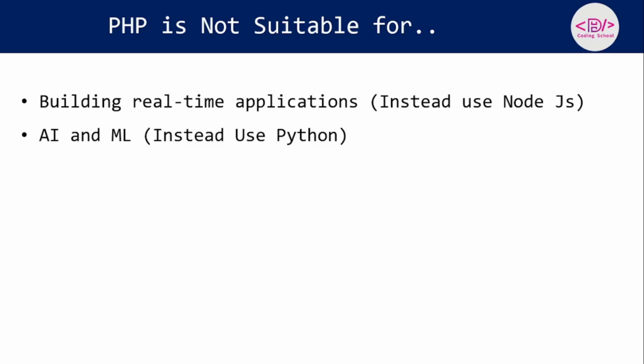If you are going to do an application that involves artificial intelligence and machine learning, instead of using PHP, you would consider something like Python. Okay, so I wanted to put this part so that you know that it is not like PHP can do everything. There are some things it is just limited in for now.